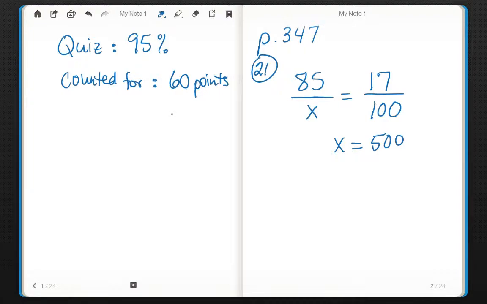I want you to figure out what you scored. How many points did you get out of the 60 if you got a 95%?